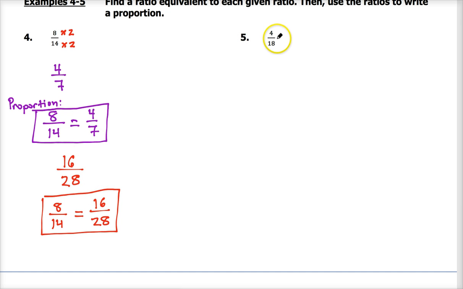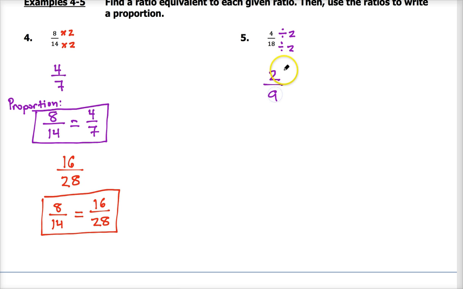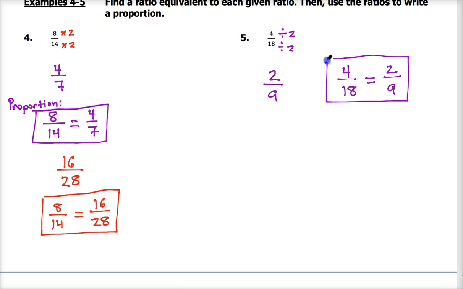Okay, so for number 5, we can try that with 4 to 18. I could reduce 4 to 18, dividing both the top and the bottom by 2, and then I get 2 to 9. So one possibility is 4 to 18 equals 2 to 9. I could also multiply the numerator and denominator. I could multiply by 2, or I could multiply by 3 even.